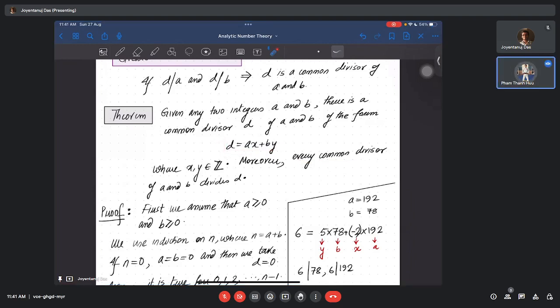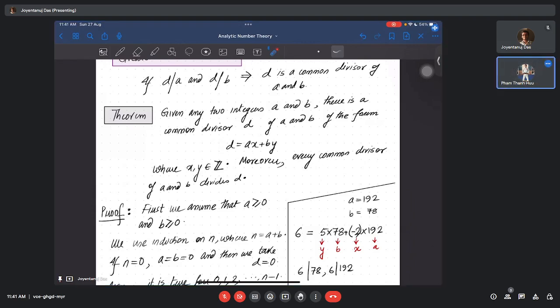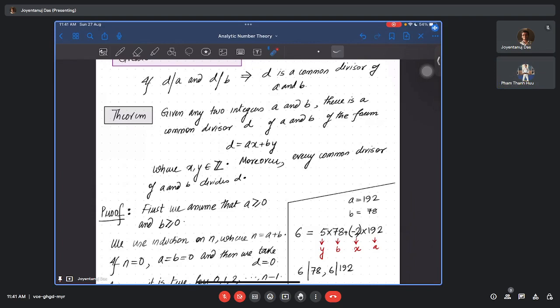But can any common divisor be expressed by the equation d equals ax plus by? No, that we don't know. That every common divisor can be expressed like ax plus by for some x and y, we don't know.